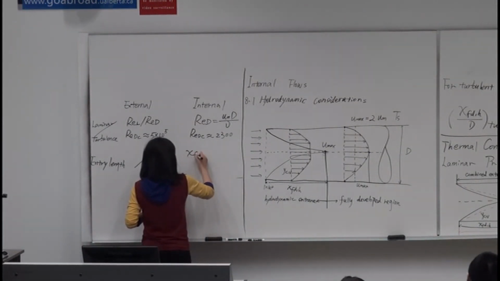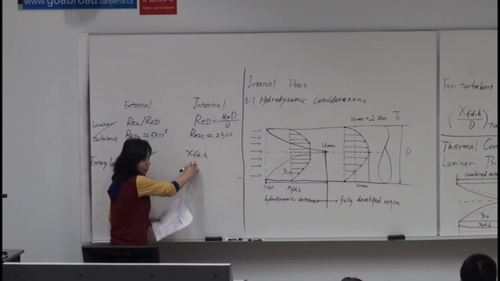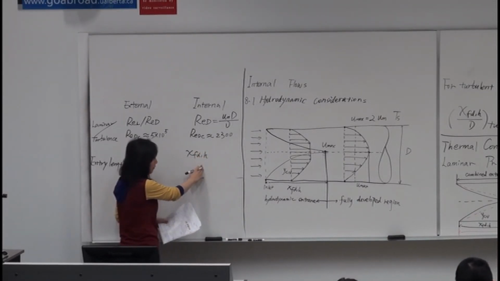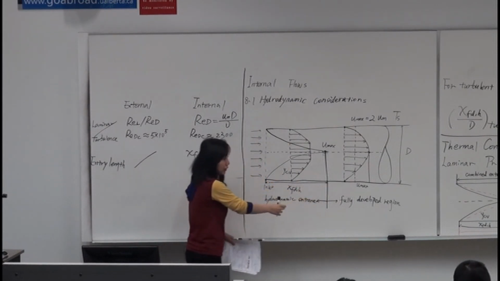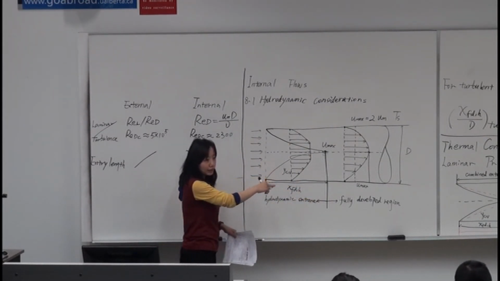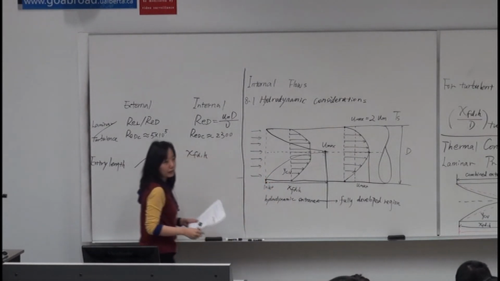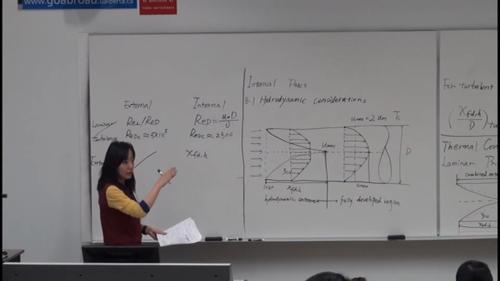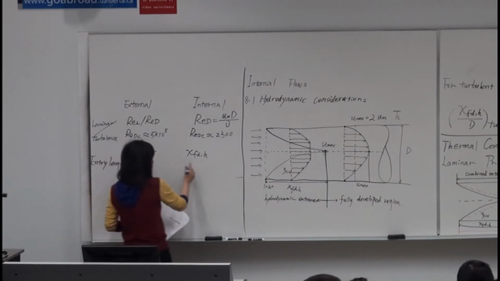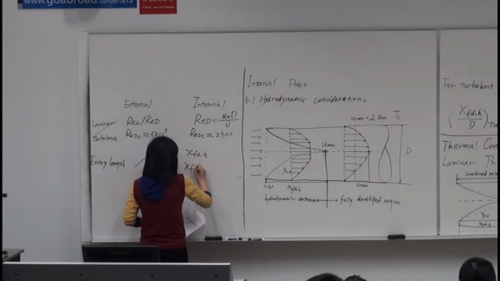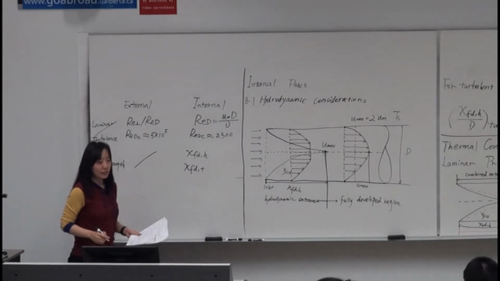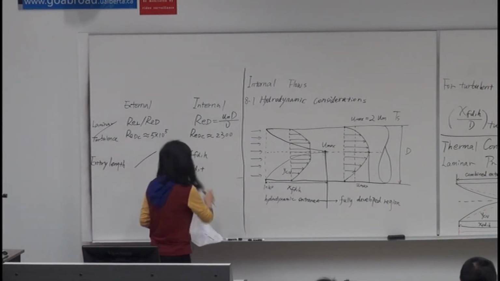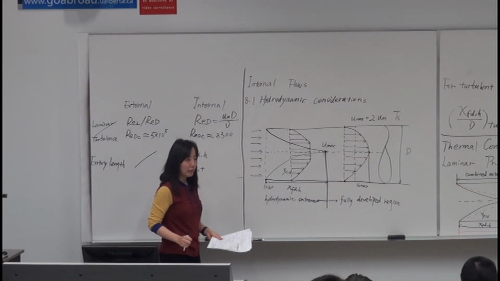We need to calculate the fully developed hydrodynamic entry length and compare it with the length of the tube to see whether the velocity profile has already fully developed into a parabolic profile. We also learned the fully developed thermal entry length to see whether the thermal profile is fully developed.